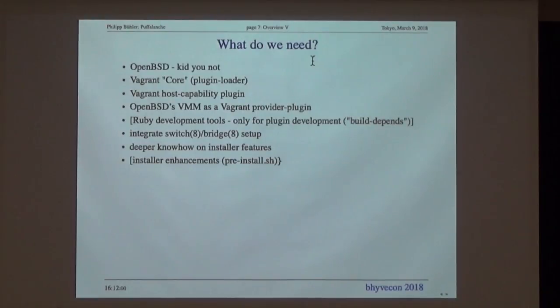First you need a host plugin so that Vagrant realizes it is running under OpenBSD. That's written already. The other thing is, it needs to be taught how to deal with that hypervisor and its steering components.